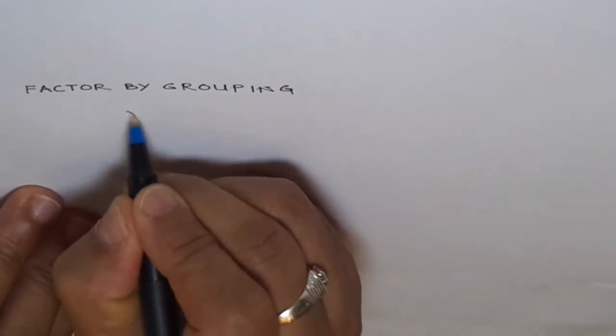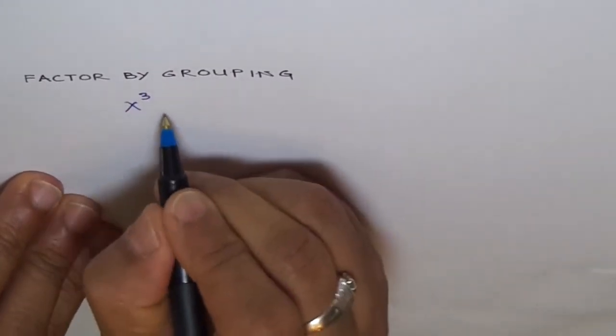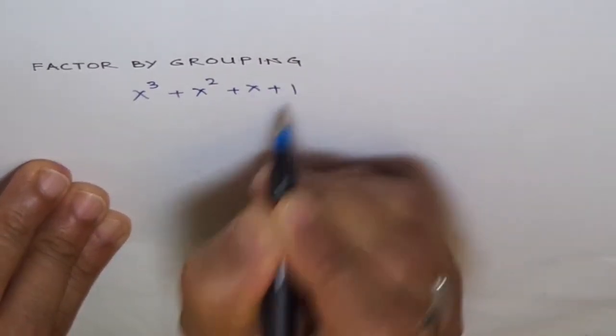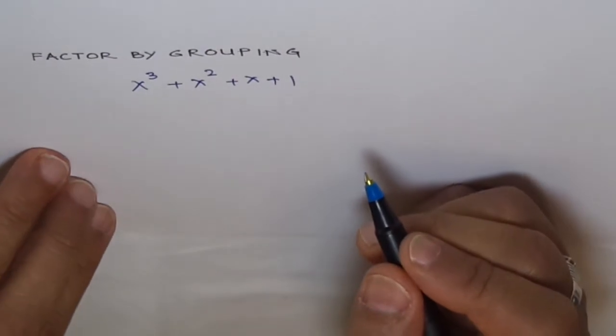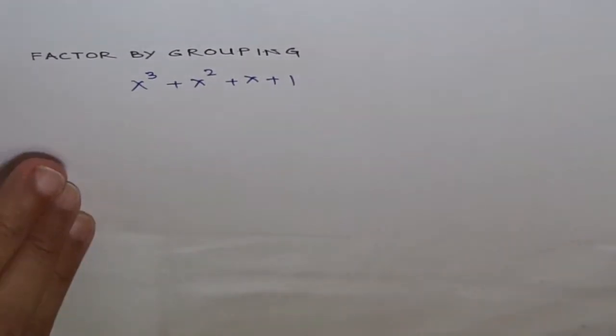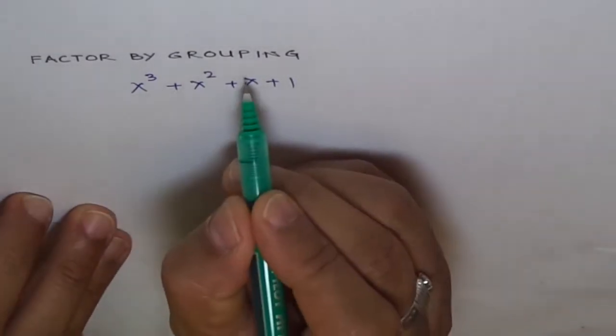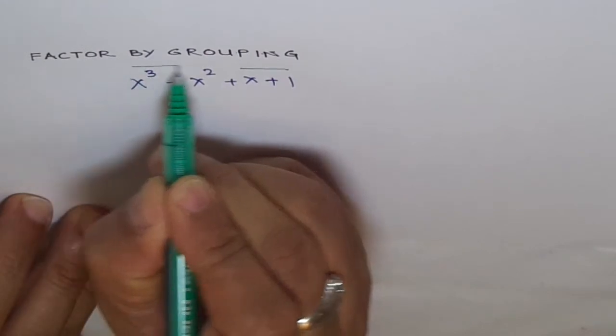So here, this is a simple example. Here we have 4 terms, not 2 this time, 4 terms. Now we'll try to work out with this polynomial of 4 terms, group them first. So do you look for a pattern? We can group these 2 and these 2.